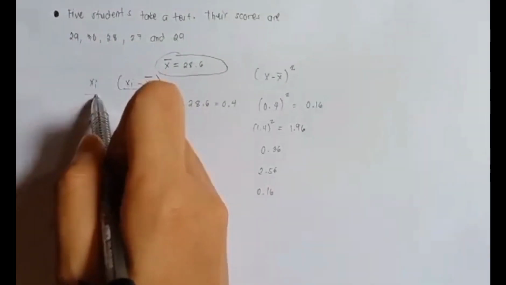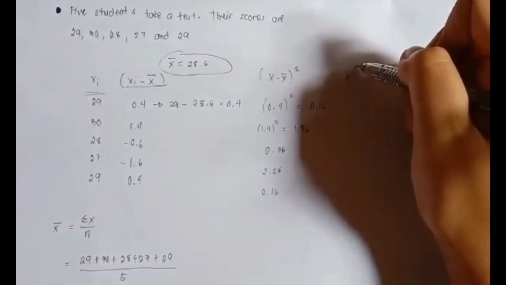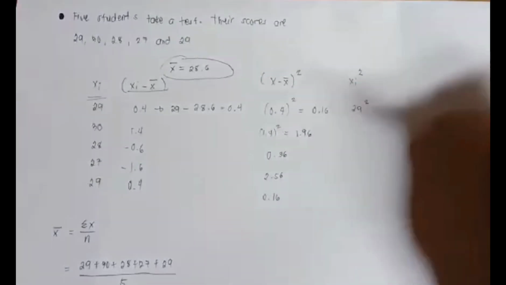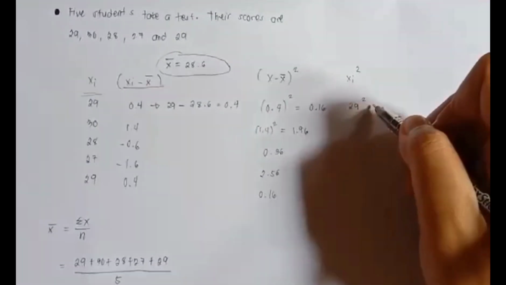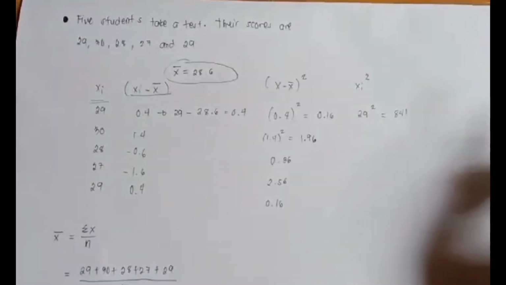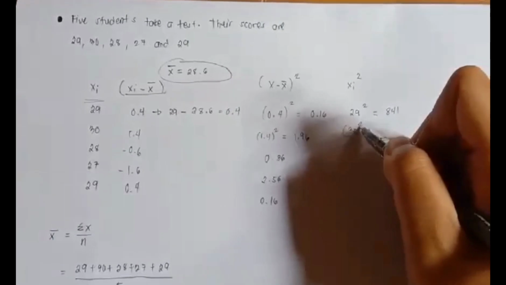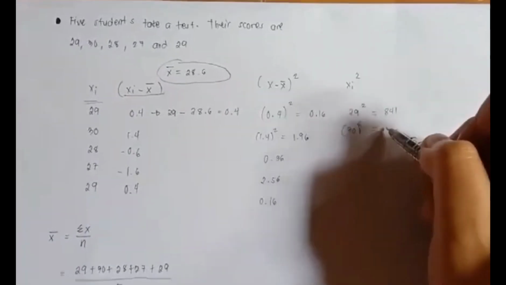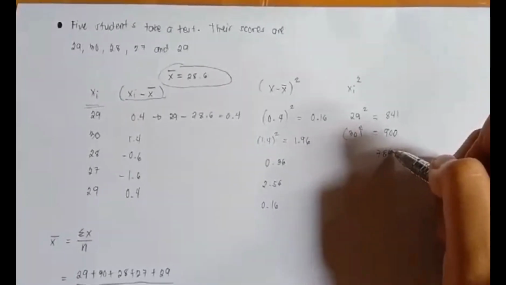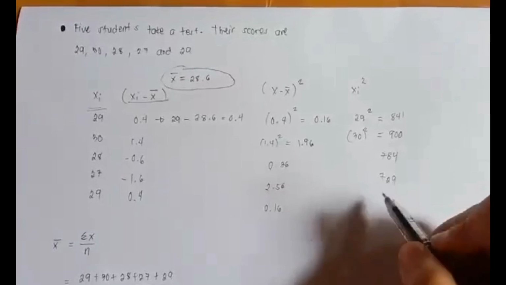Then we will get the square of each score. 29 squared equals 841. Then 30 squared equals 900. 28 squared is 784. 27 squared is 729.